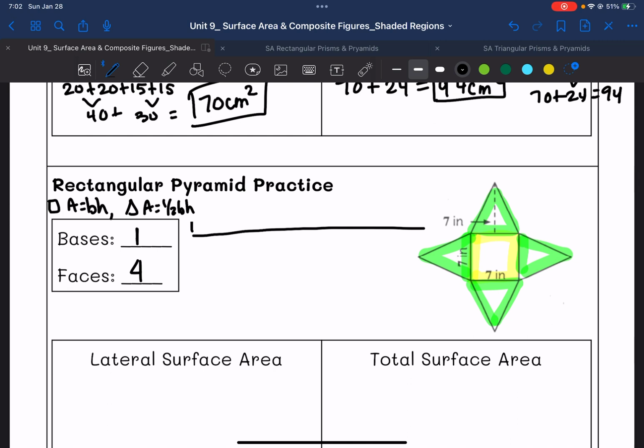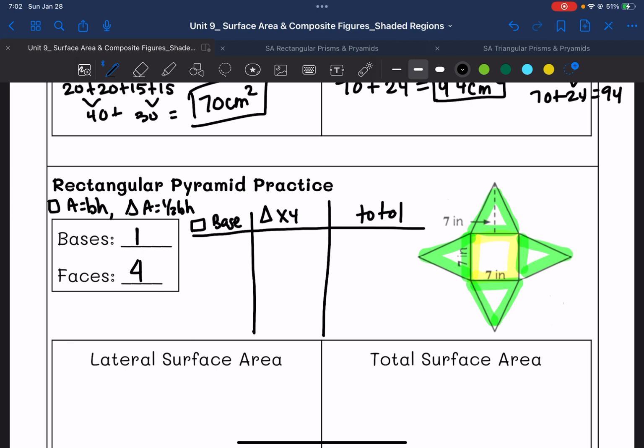The first T-chart is going to be the square. Then this one is going to be the area of the triangle, which is times 4. There's 4 of them. And this is going to be your total.